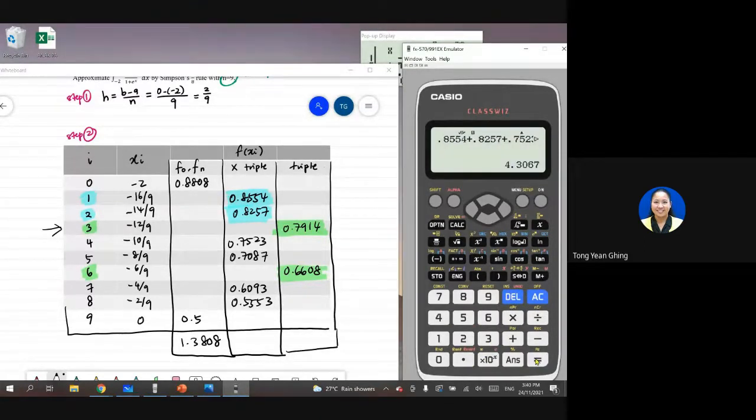So we get 4.3067. And these two values, f3 and f6: 0.7914 plus 0.6608. So we get 1.4522.